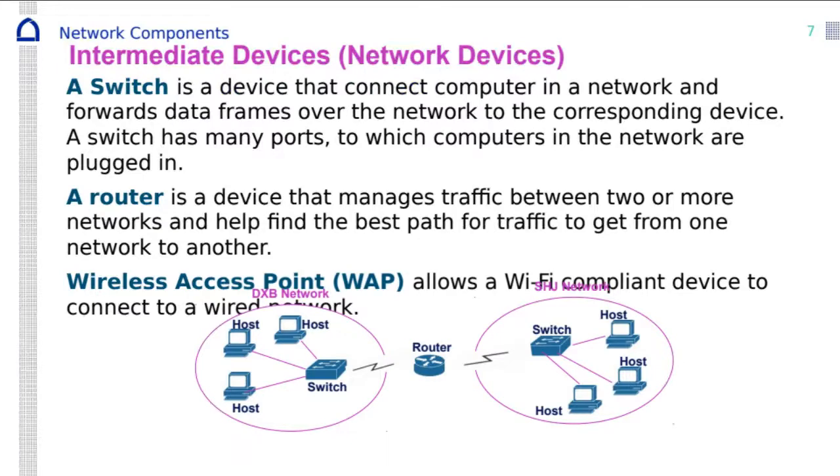A switch connects devices or computers to a network. It forwards data frames over the network to the corresponding device. So a switch uses frames. You have to remember this. And it forwards messages to a computer in the LAN, in the local network.